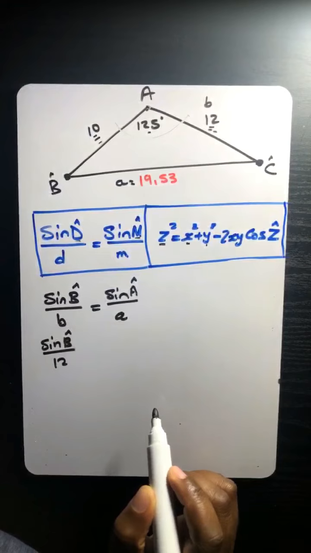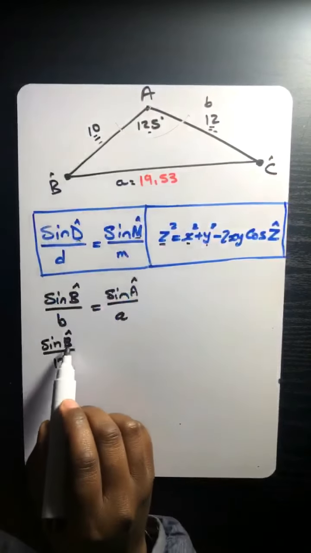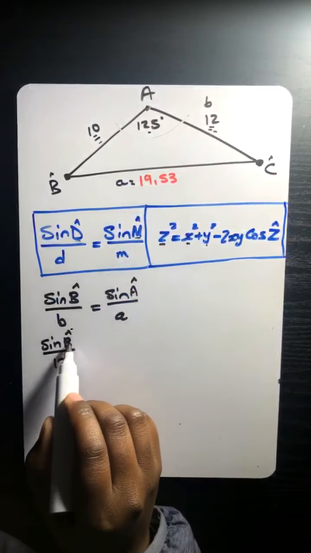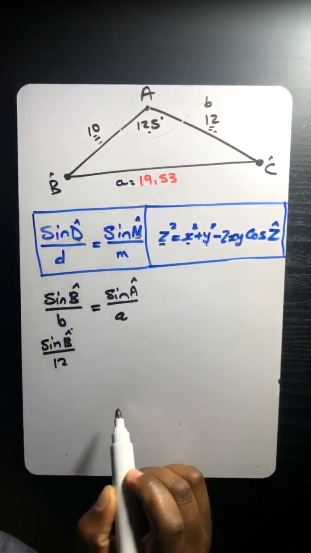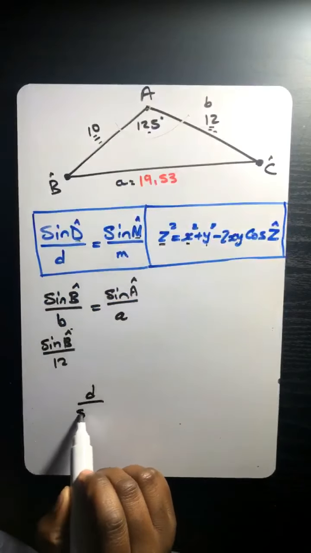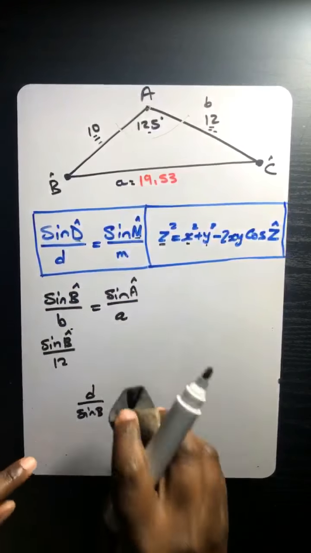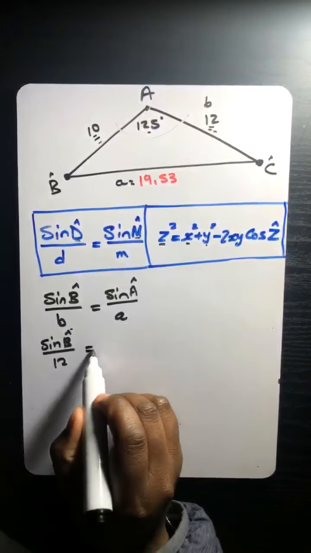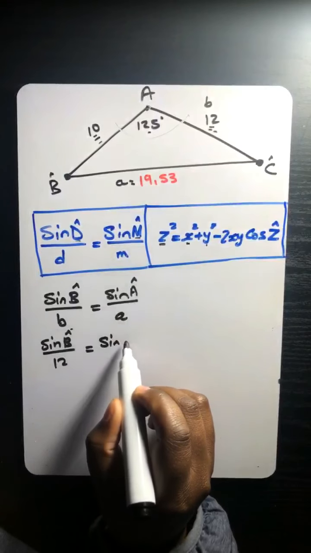When you use this formula, if you are looking for the angle, just make sure that at the top you have sine angle B. If you are looking for the side using the sine rule, make sure that the side is at the top and then the sine whatever it is at the bottom. It makes things easy because you just cross multiply, you punch, you are done. So let's see. That will be sine of angle A. What is angle A?